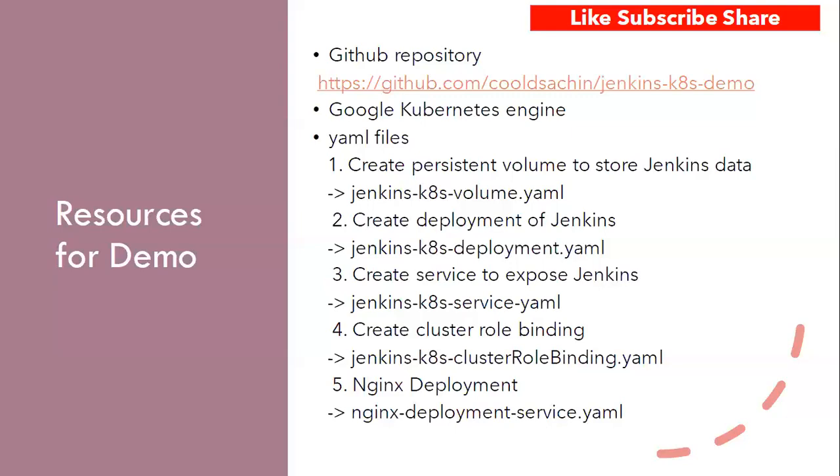And the fifth one is Nginx deployment service.yaml. So this is required that once we are done with all these stages, we will deploy Nginx onto the Kubernetes from Jenkins pod slave, and we will see how that deployment is done.